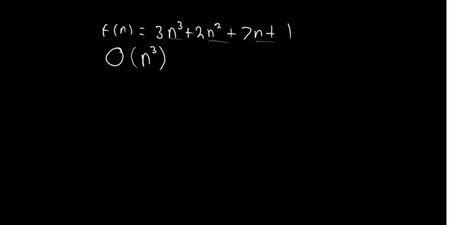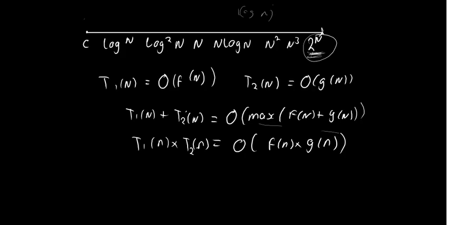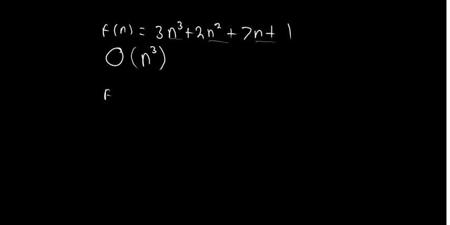And again, this will become more apparent as we actually start doing the questions in the next video. But just remember this: when you have a function like this, the order is going to be the biggest one here. Which is why, going back to the rule as it was presented, if we have f of n being equal to 3n plus 1, and g of n being equal to 2n squared plus 2, then if we add these two, the order is going to be the larger one.